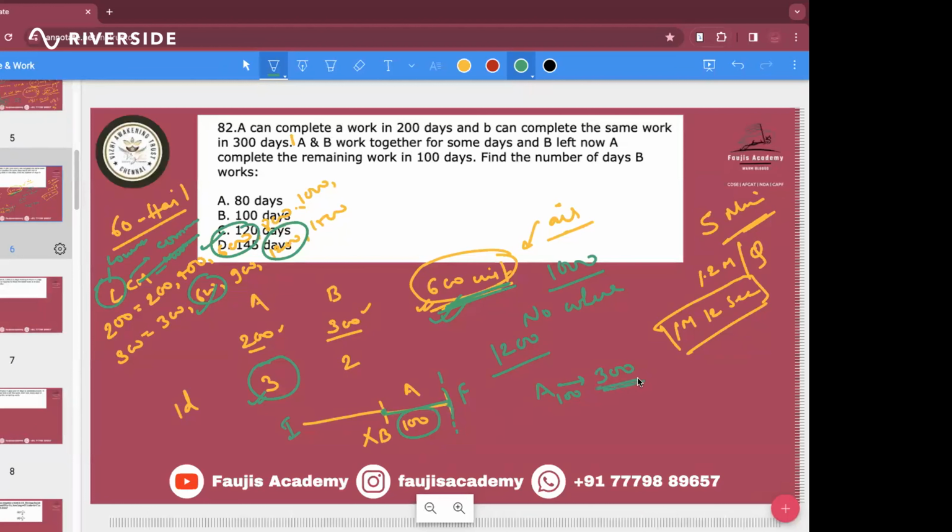But this is not the whole work. Whole work is how much? 600. And this 600 work was not done by both; this 300 work was done by A alone. So the rest of the work, that is 600 minus 300, was done by A plus B both. It's just a coincidence that 600 minus 300 is also 300.